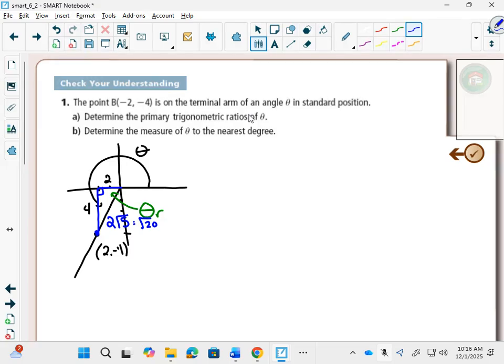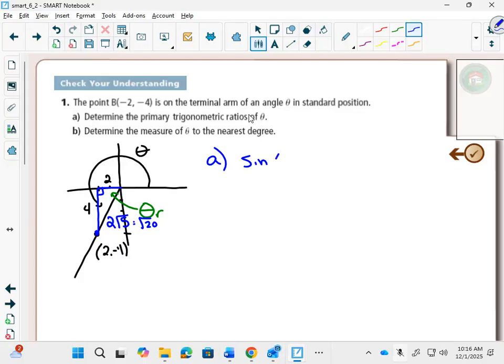So part A is asking us, can we write sine of theta, cos of theta, and tan of theta? Yes.